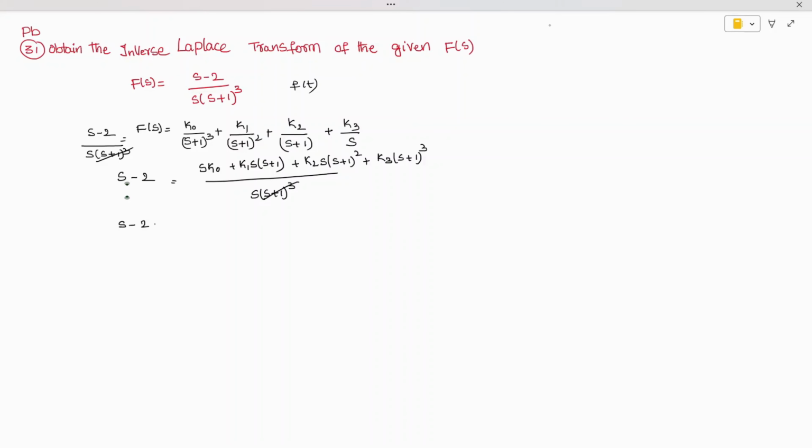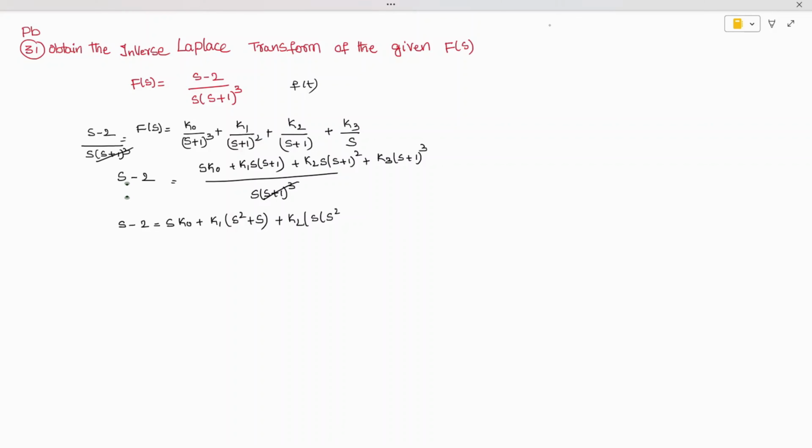Therefore, s minus 2 is equal to s into k naught, plus k1 of (s square plus s). This is the first term we are having, plus k2 into s into (a plus b) whole square.